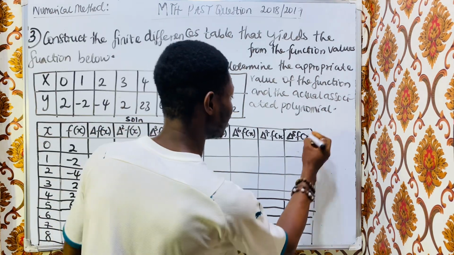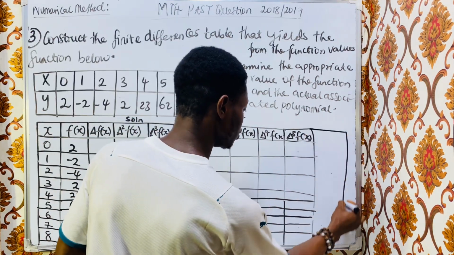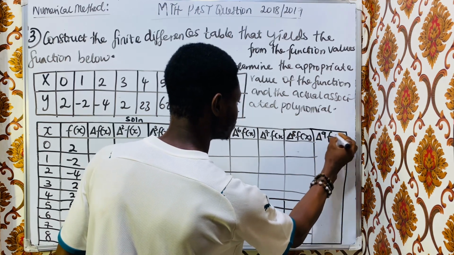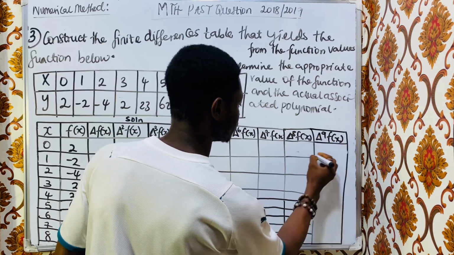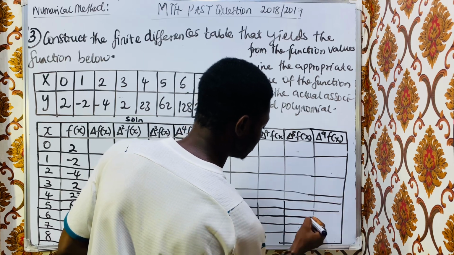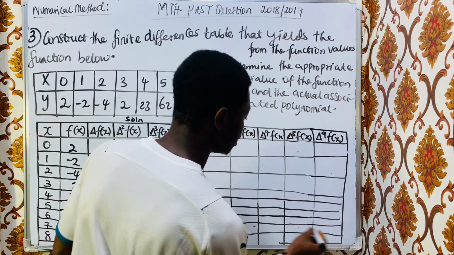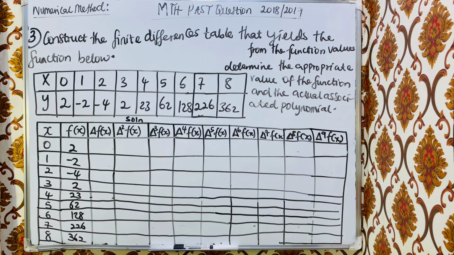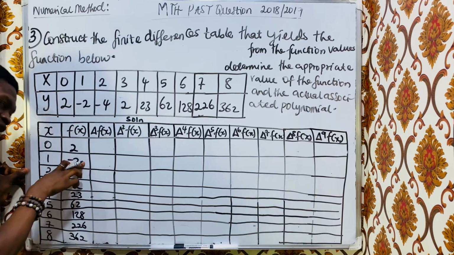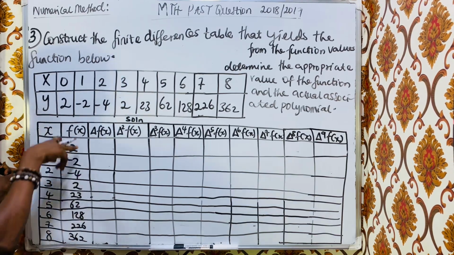We are still going to have the 9th one. Let's see how it goes. I hope you can see it from there. So now the first one will be negative 2 minus 2.